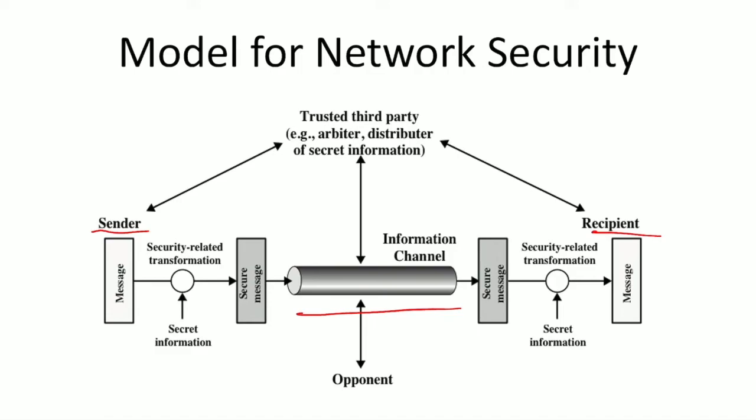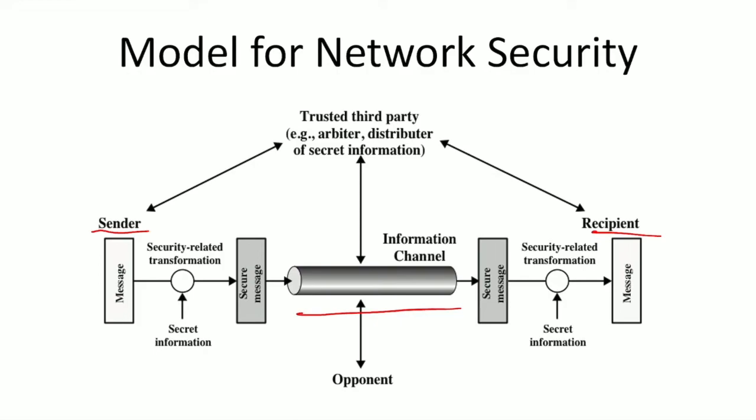The two parties, which are the principals in this transaction, must cooperate for the exchange to take place. A logical information channel is defined by establishing a route through the internet from source to destination, and by the cooperative use of communication protocols such as TCP/IP.